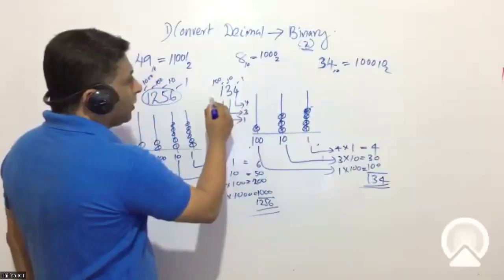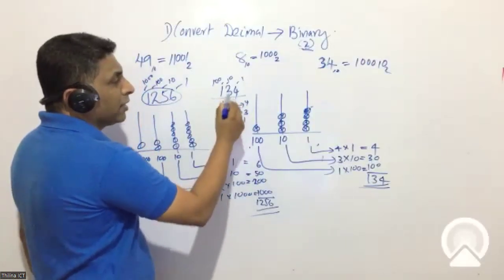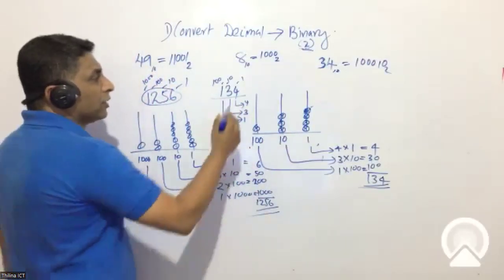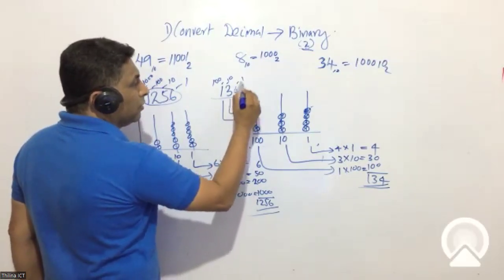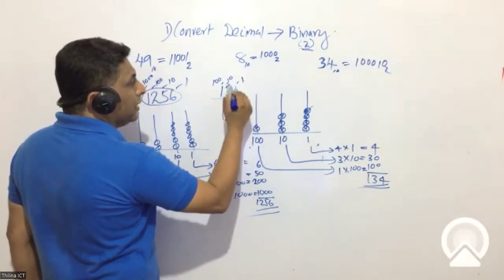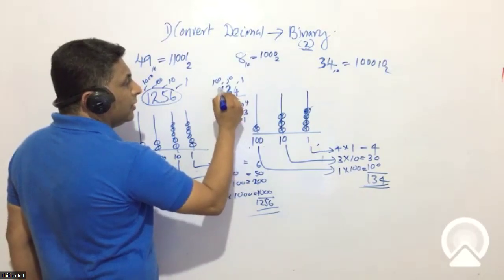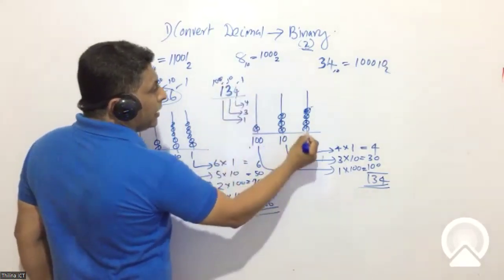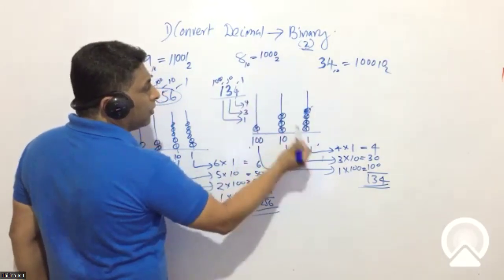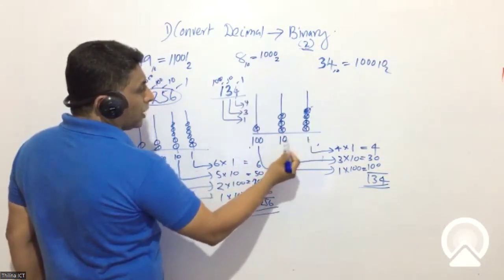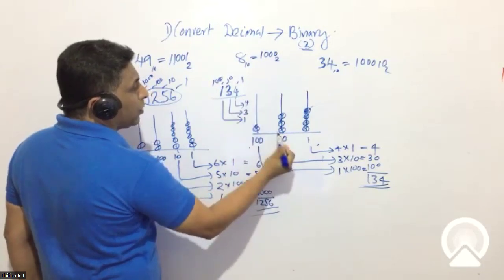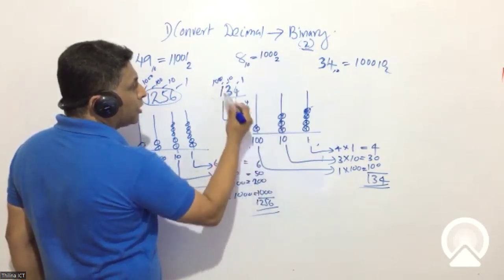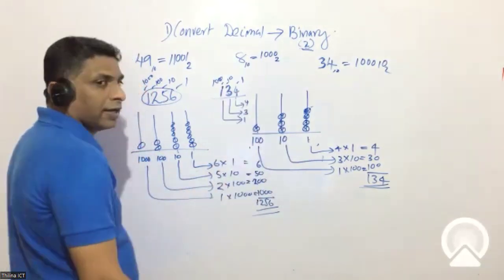So can you help me to put 134 into the counting frame? So this 4 represents ones place, this tens place, and this one represents hundreds place, no? So here we need to put 4 beads for ones place, 3 beads for tens place, and 1 for hundreds place.